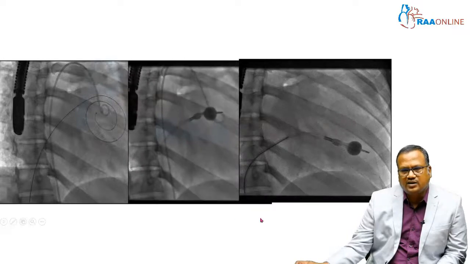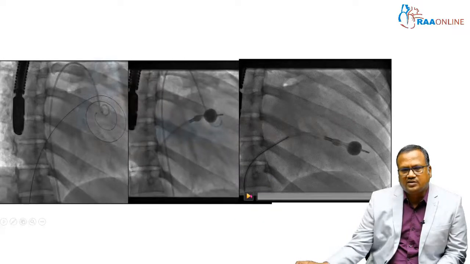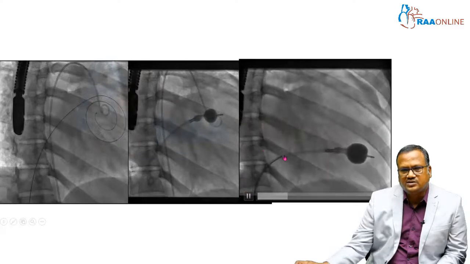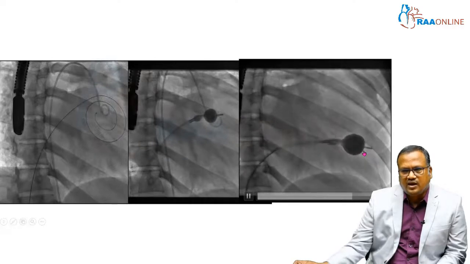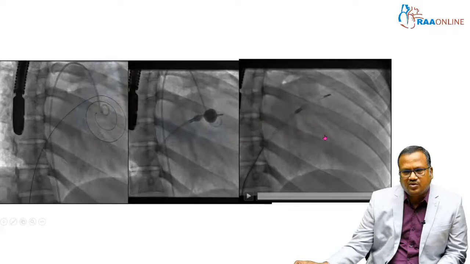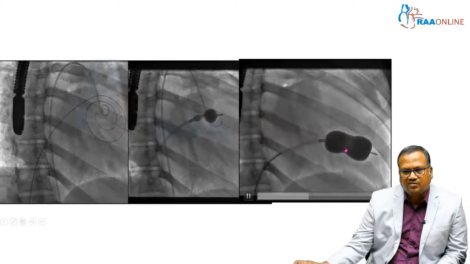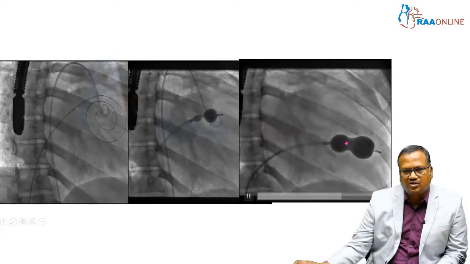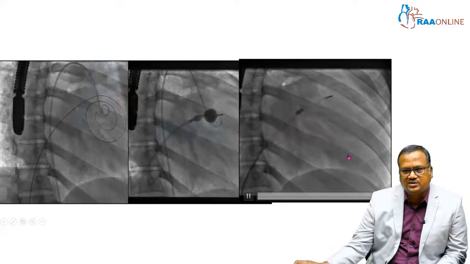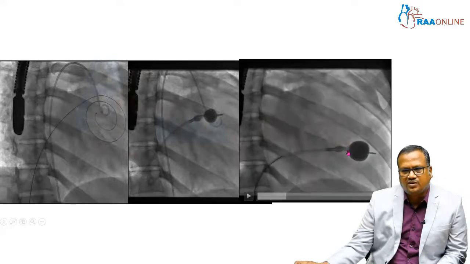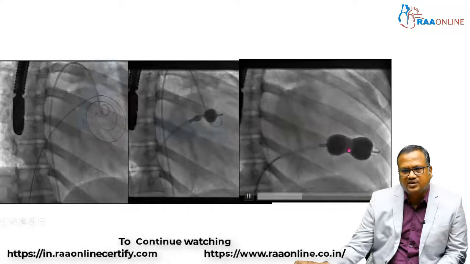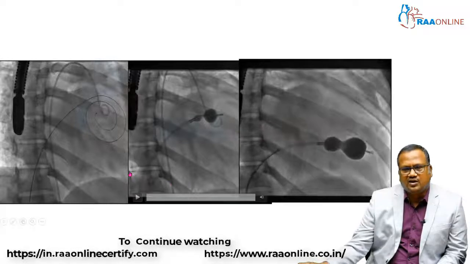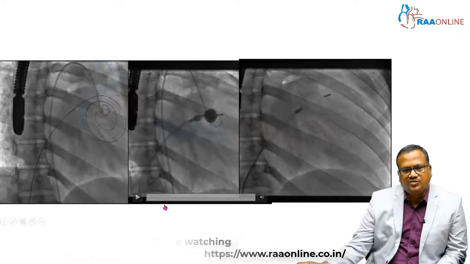Then you can see how we dilate. We first opened the distal balloon and pulled the entire assembly down to the mitral valve, and then in one stroke we open up the proximal balloon; the idea is that the commissures will be probably here. When you inflate the proximal balloon fully, the commissures get split. This is the technique which is followed universally now.